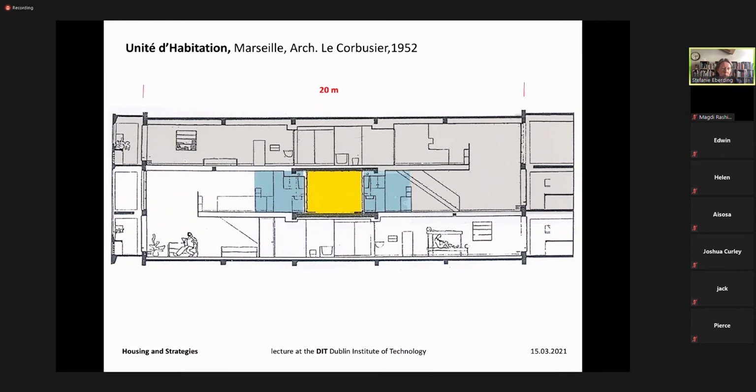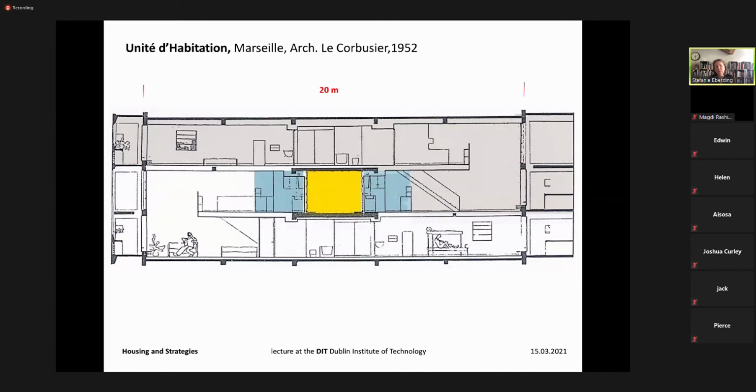You see in blue the side rooms, which lie in the dark parts of the apartment. And you can see the double height spaces where he can get light deep into his apartment.